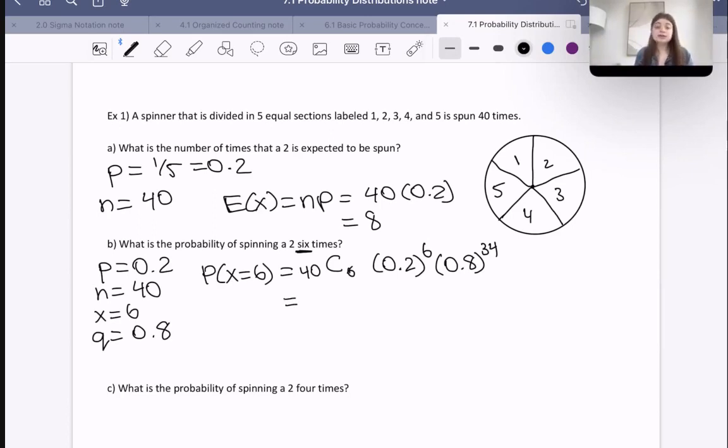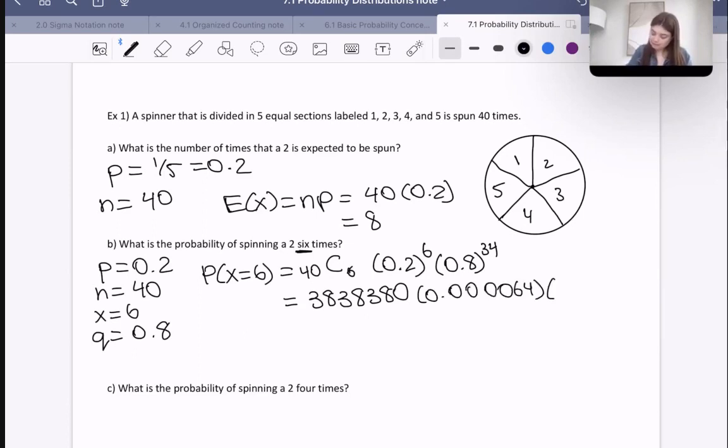To simplify this, for the 40 choose 6, you're going to go to your calculator, find the nCr button, the combinations button, and punch in 40 nCr 6 equals, and you should get 3838380. And then for 0.2 to the power of 6, that's going to be 0.000064.